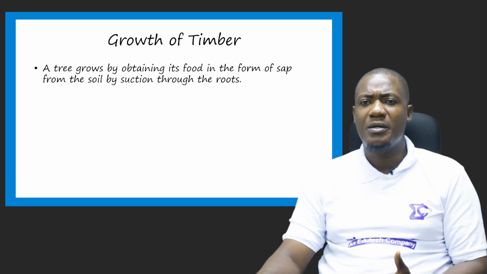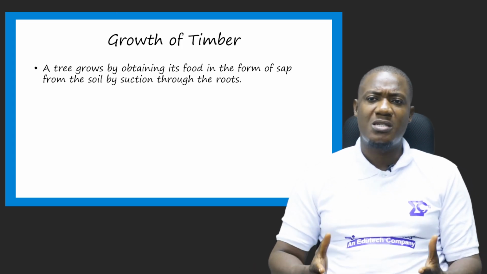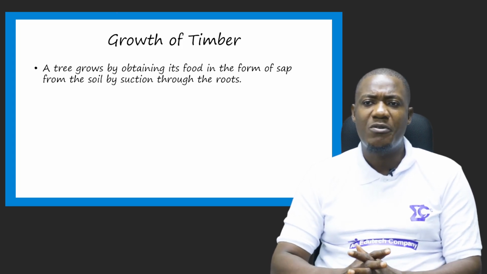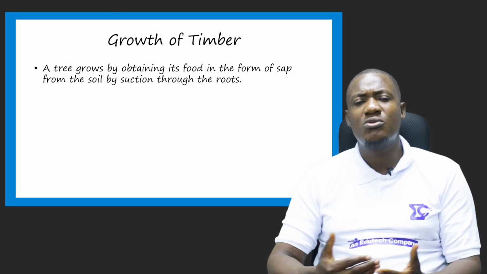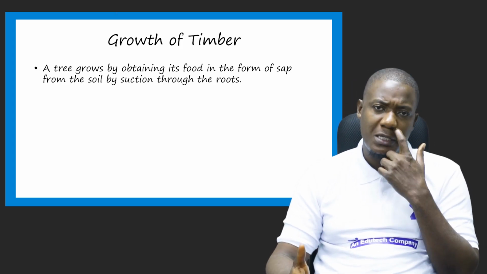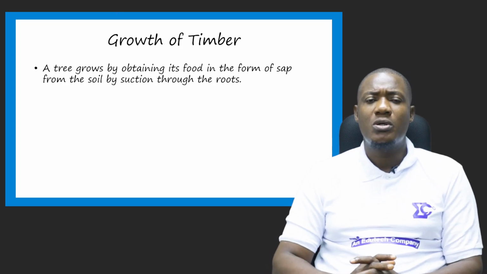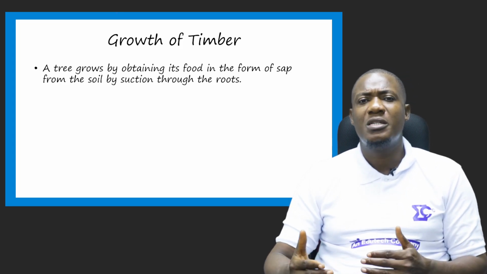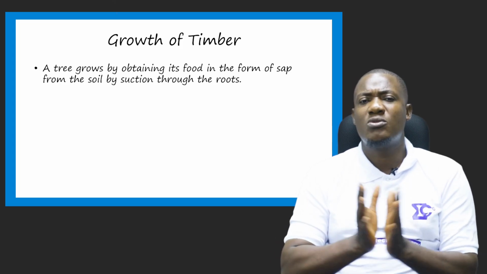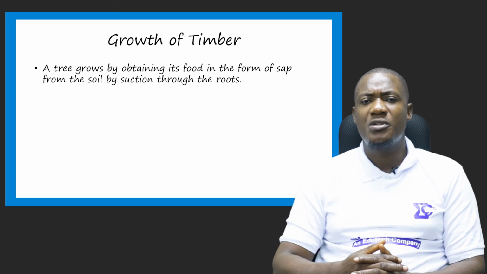Growth of timber. Trees actually grow by obtaining food in the form of sap from the soil by suction through the roots. When this sap is obtained through the roots, it naturally passes through the xylem of the stem and to the other parts of the tree.